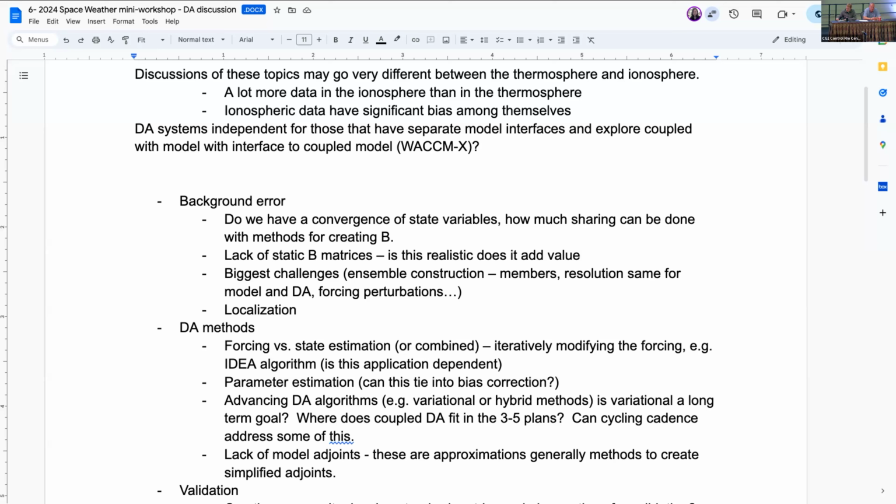To expand on Ricardo's comments, I think one fundamental question, which I have no idea about, is how much of the background errors are flow dependent at the cycling frequency that you're doing, and how much are actually systematic or climatological.